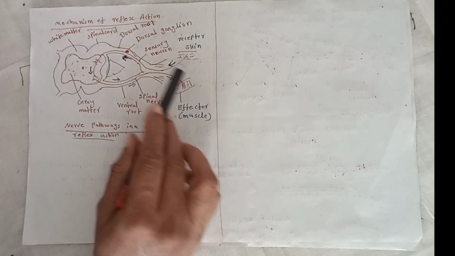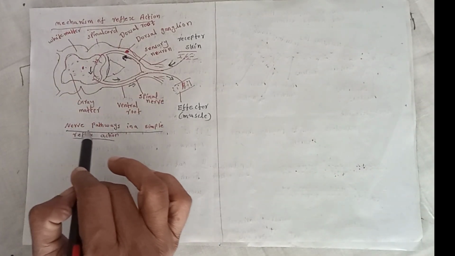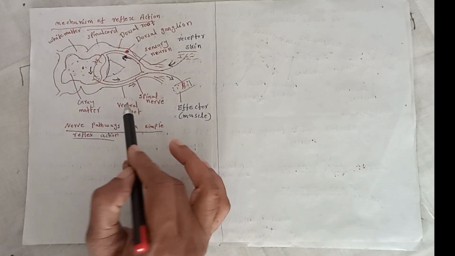Here is a pictorial representation of a nerve pathway in a simple reflex action.